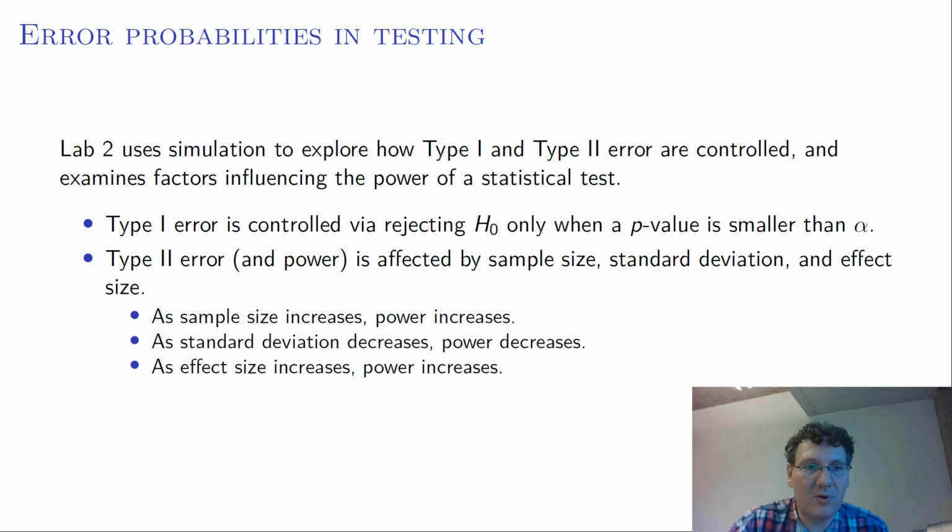We're going to explore these in one of the labs and just see how you can control the likelihood of making a type 1 error by changing your alpha, and how type 2 errors are affected by sample size, the standard deviation, and the effect size.